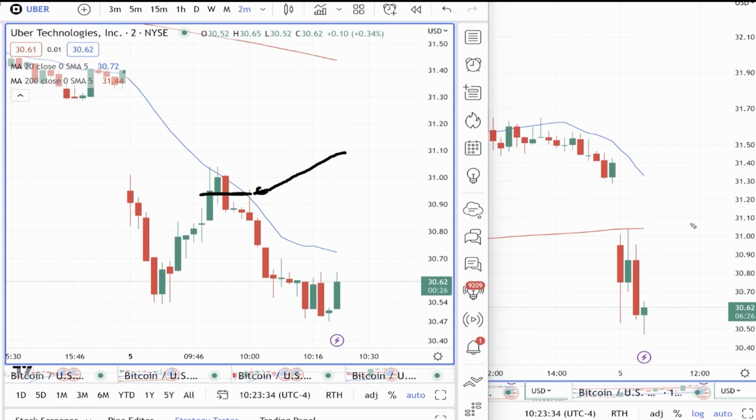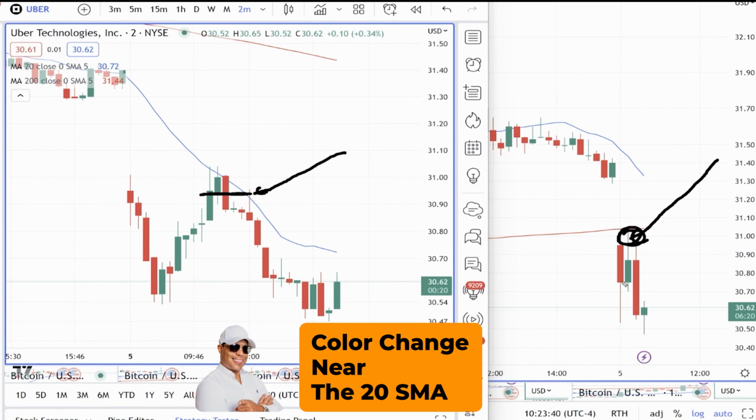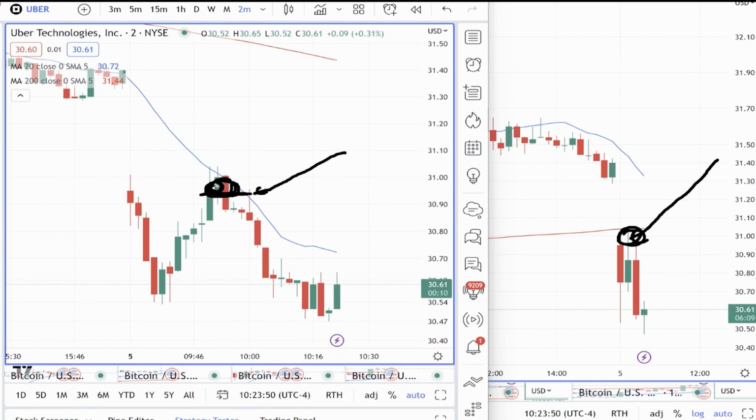There's your entry, which also happens to be right off the resistance point on the 15. When you get these dual points, the relevance, the importance, the reliability goes through the roof, guys. Very, very beautiful.